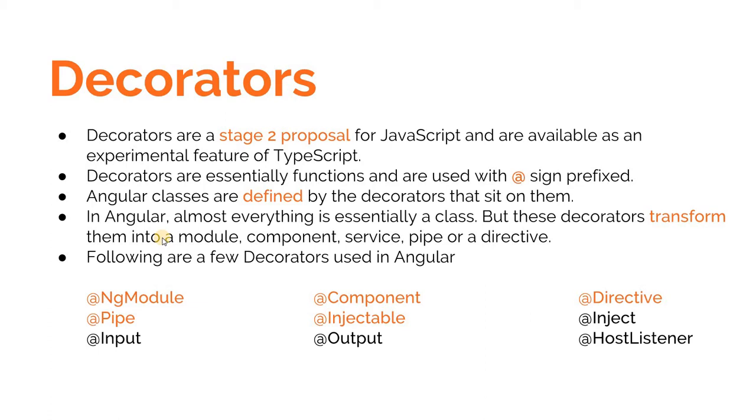But what they essentially do is transform a particular class or property into a particular building block in an Angular application. We'll get more familiar with the concept of decorators once we start with the code, but this is just a brief overview of what decorators are.